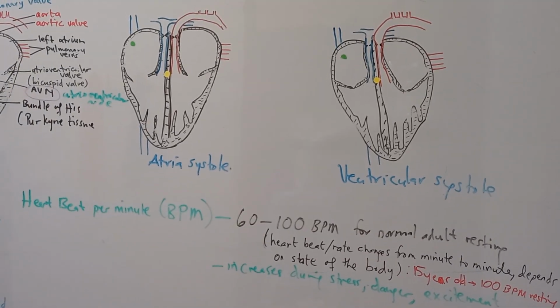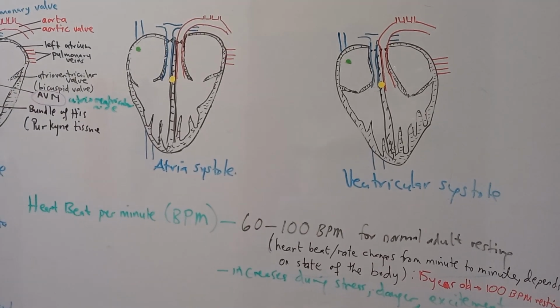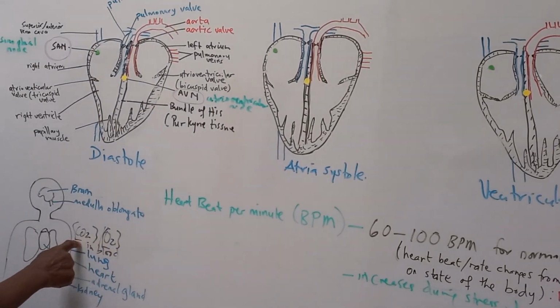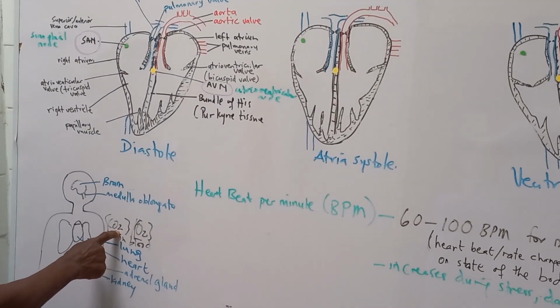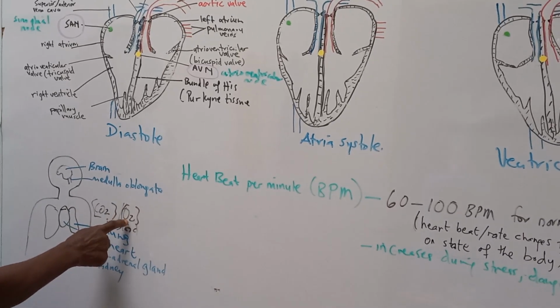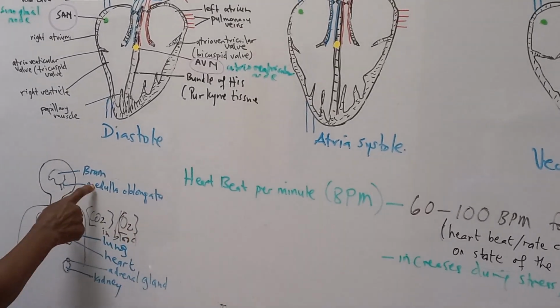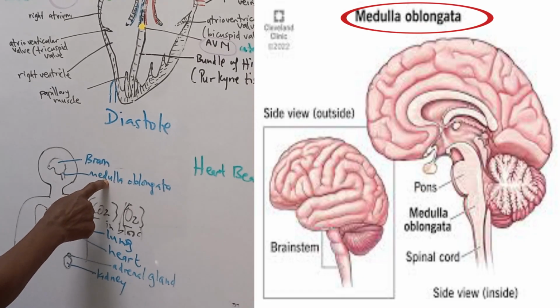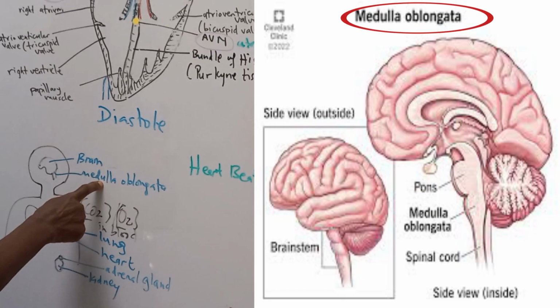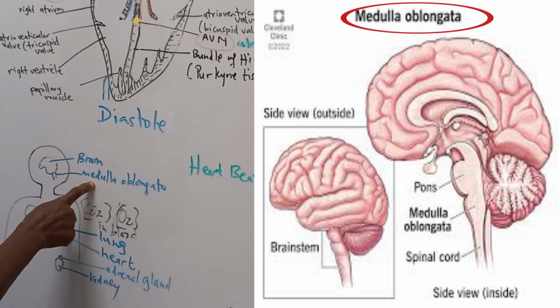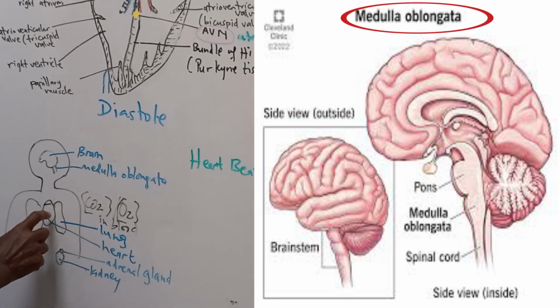Why the heart beats faster is that during exercise or stress, carbon dioxide concentration will increase in the blood and oxygen concentration will decrease, and this part of the brain, the medulla oblongata, will sense it and send nervous impulses to the lungs and to the heart.